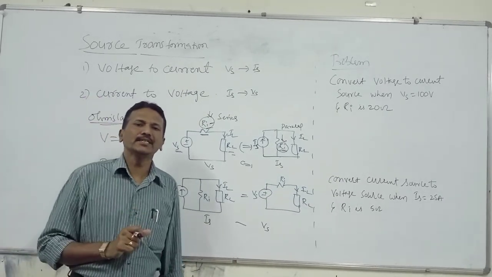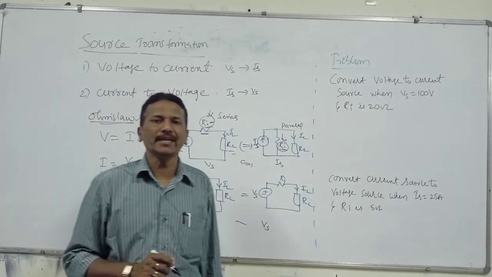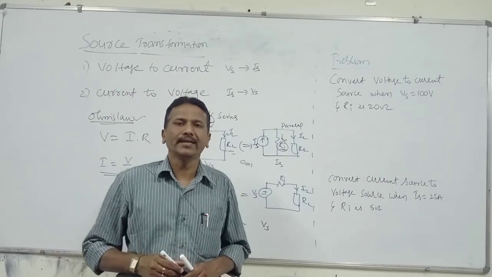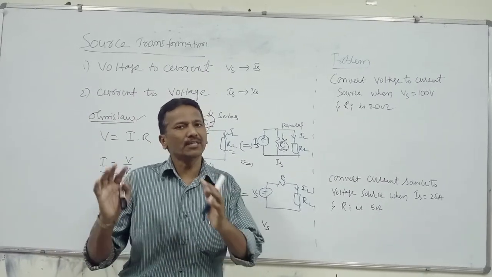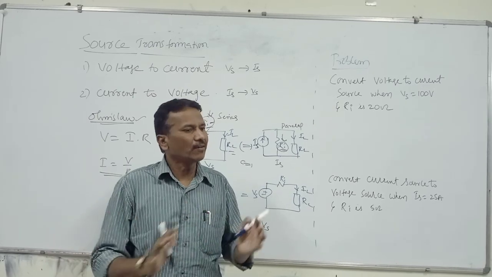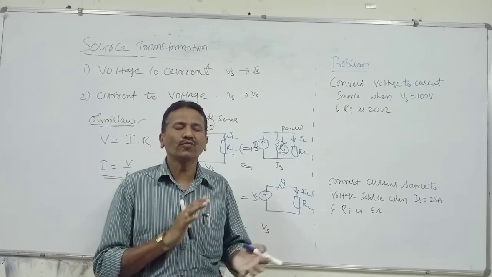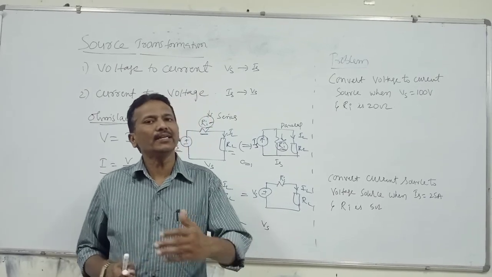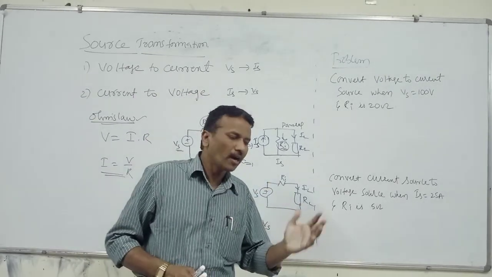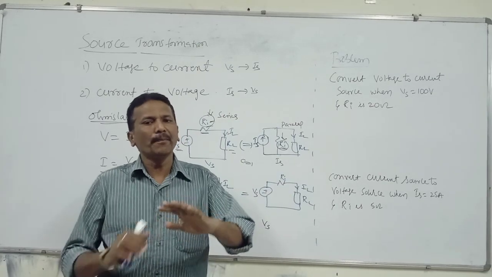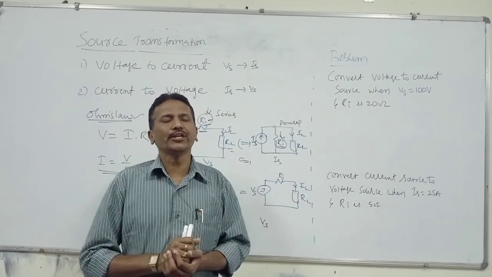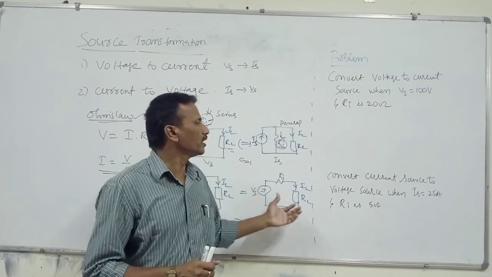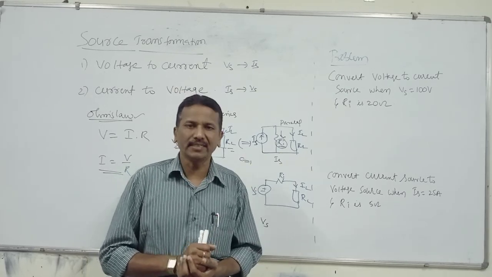Why do we do this source transformation? In a big network, if we have some current sources and some voltage sources, calculating the values is somewhat difficult. So we convert the voltage source to the current source or the current source to the voltage source, making equivalent sources, so that we can get the values very easily.